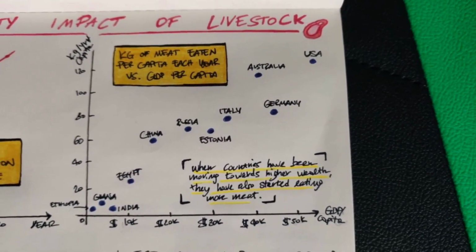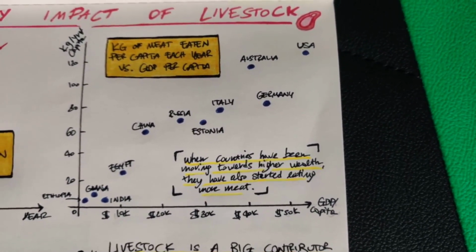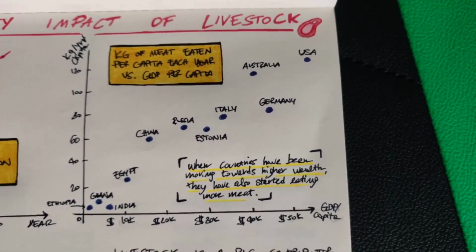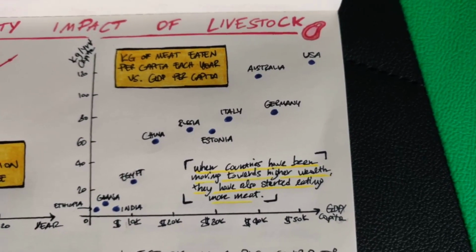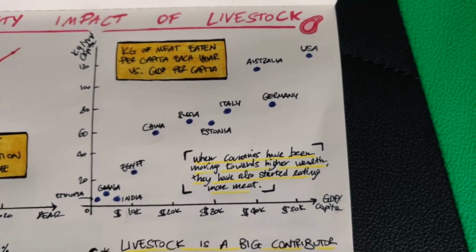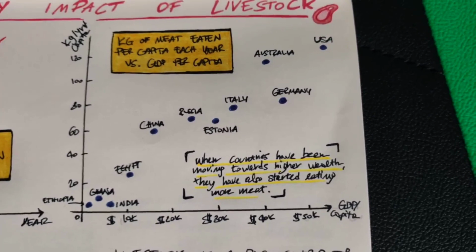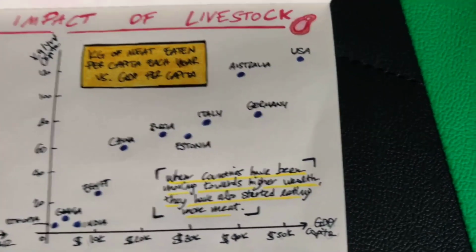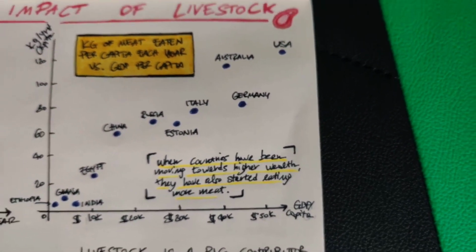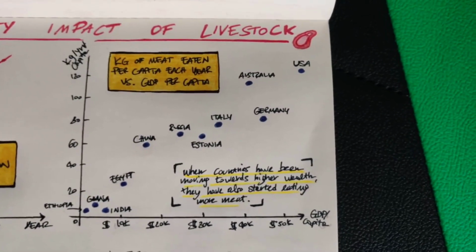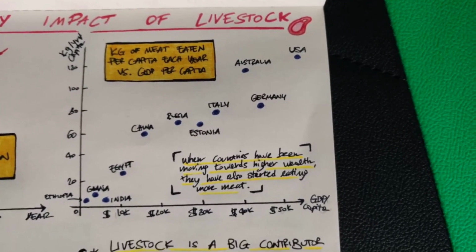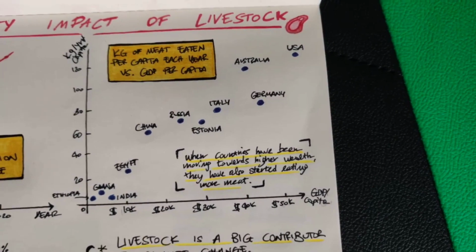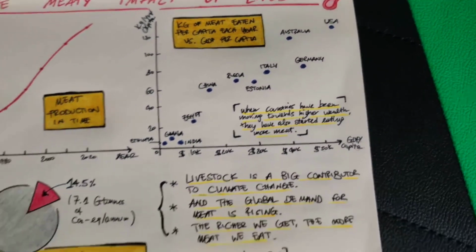There could be loads of other confounding factors that contribute to this, such as the availability of meat in the first place and how easy it is to grow animals for human consumption. But it is interesting: when countries have been moving towards higher wealth, they have also started eating more meat. This comes from considerations that go way beyond a little scatter plot that displays a simple correlation.